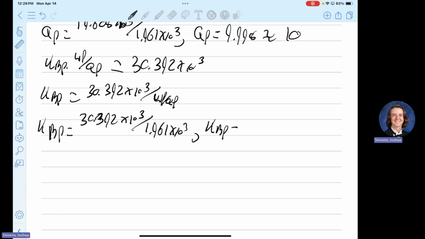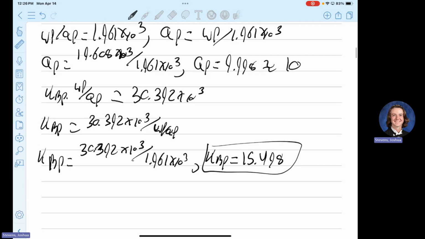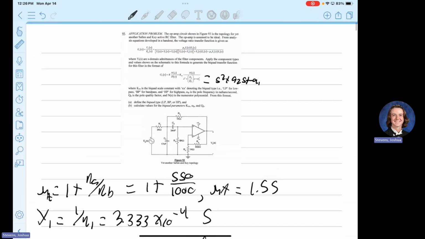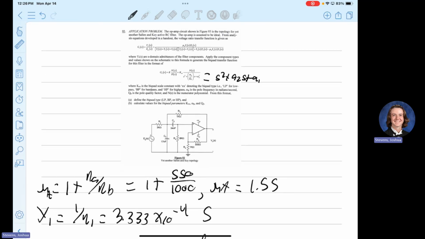So that means KBP equals 15.4098, or 15.5, however you want to write it. That's it. We're done. It's a lot of identifying what's there, how you can plug it in, and that's it.